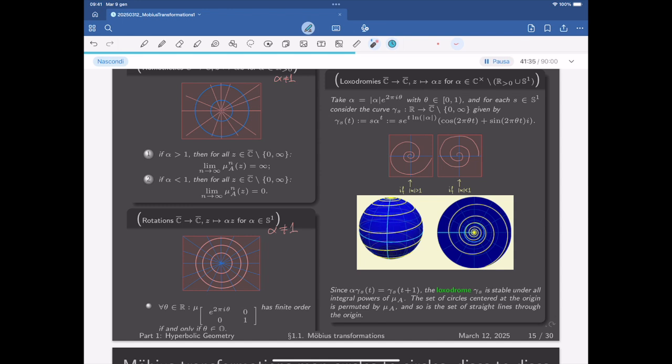And if I take an open ray passing through the origin and I multiply it by any power of alpha, what I obtain is another ray through the origin, which means that now the open rays from the origin form a family of curves that is permuted under the subgroup generated by the Möbius transformation multiplying by alpha.